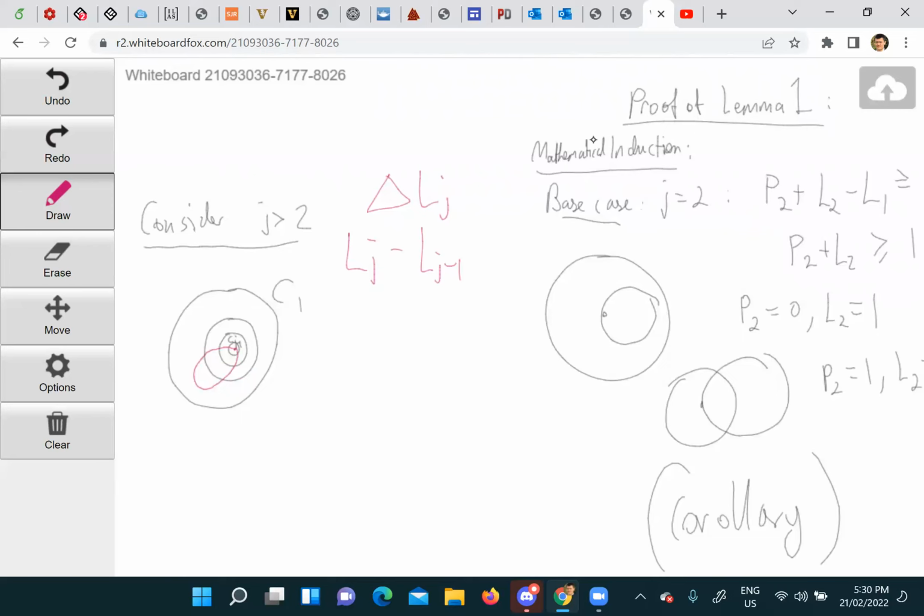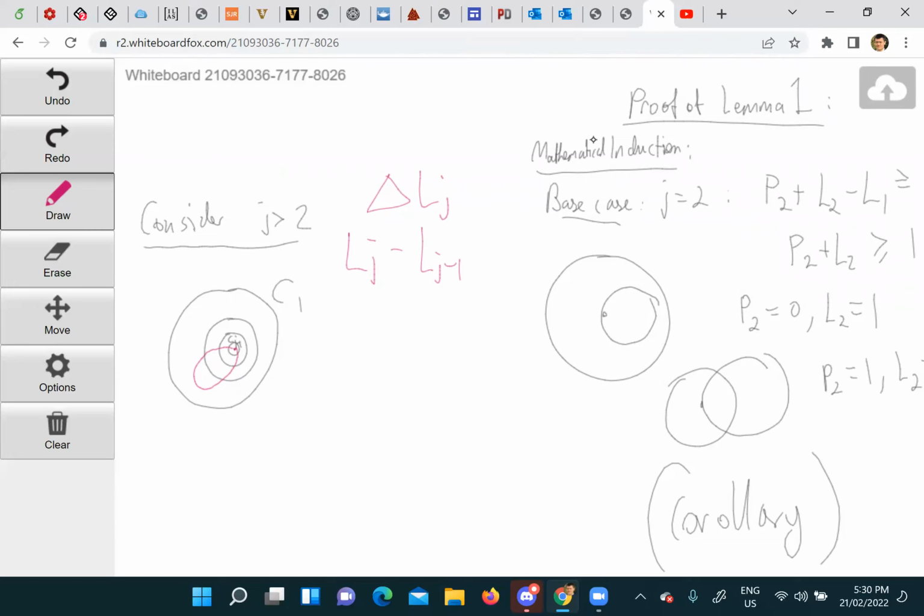For the base case, j equals 2, because if it's not inside C1 then it's outside, and if it is, then since j minus 1 is always square root 1.